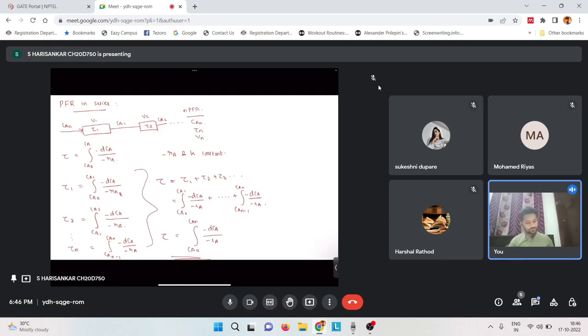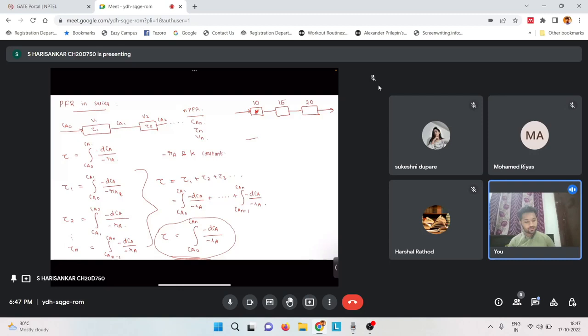I hope you guys are getting the significance. Let's say we have three PFRs in series like this, and let's take volumes here. The first has volume 10, the second volume 15, and the third volume 20.